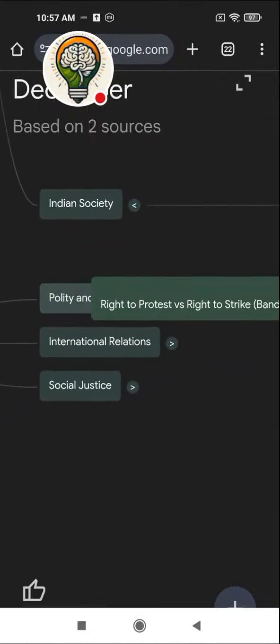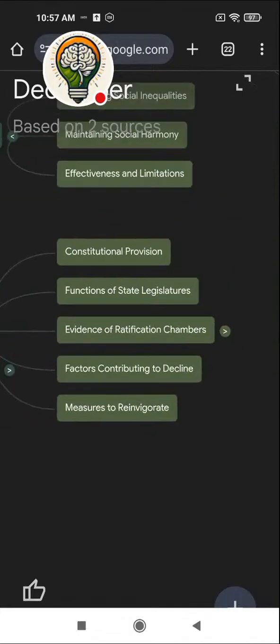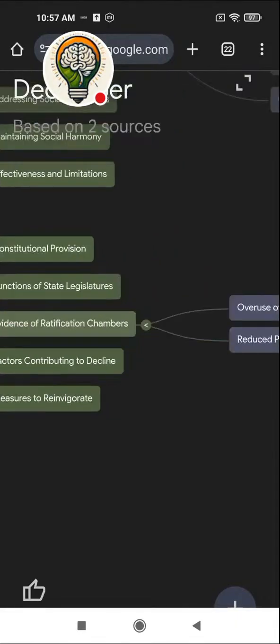So polity and governance. State legislative and ratification chamber. The constitutional provision, function of state legislation, evidence of ratification chamber.